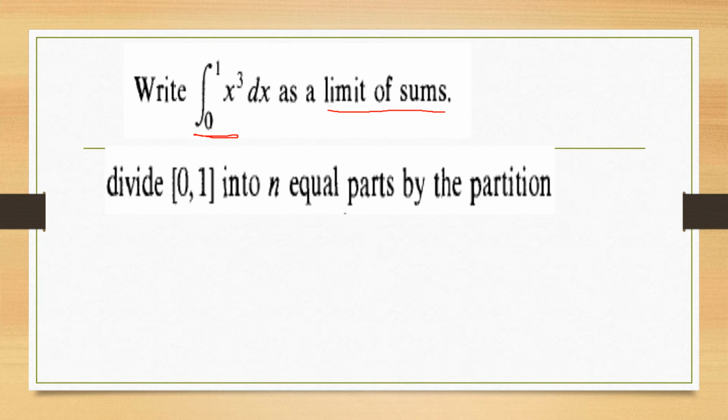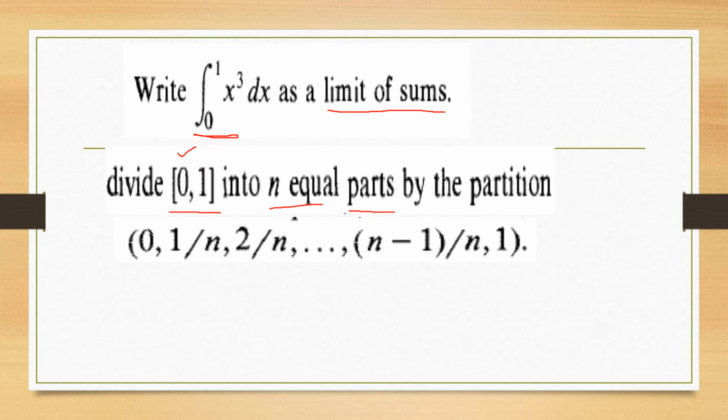We divide this main interval 0 to 1 into n equal parts by partitioning this interval. The first point will be 0 and the last point will be 1, with n equal parts, so our next point will be 1 by n, and so on: 2 by n, 3 by n, 4 by n, and at the end n by n.